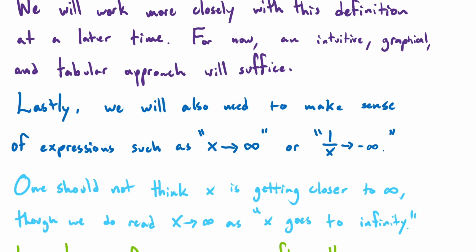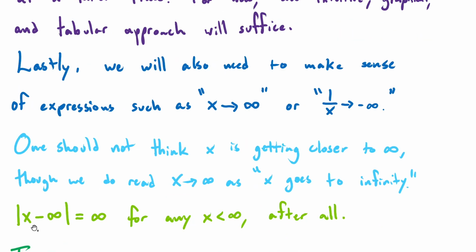It gets bigger and bigger, but what would it mean to get close to infinity? For any number, it's still infinitely far away from infinity. So we can't really talk about its magnitude in the same way that we could if we had put a number in here for infinity. We'll just get infinity back.